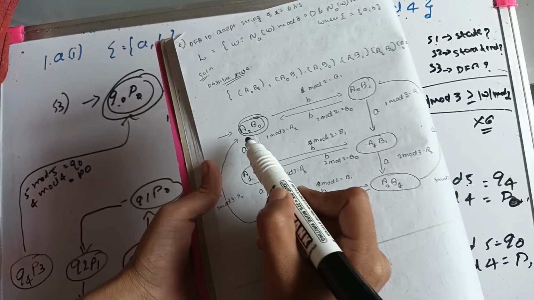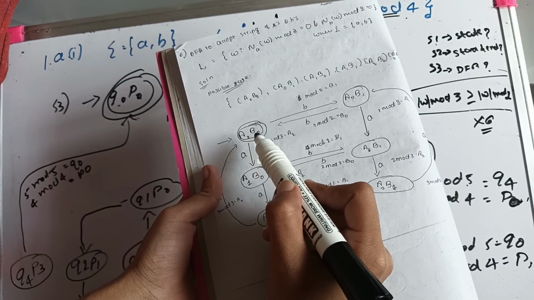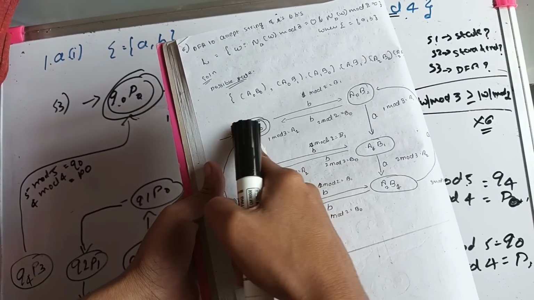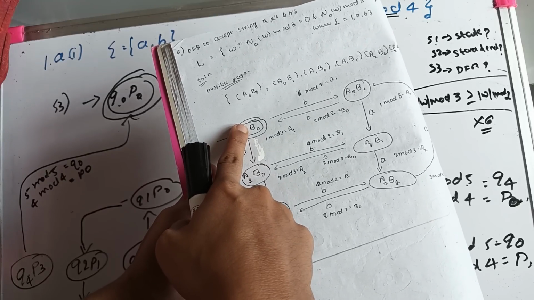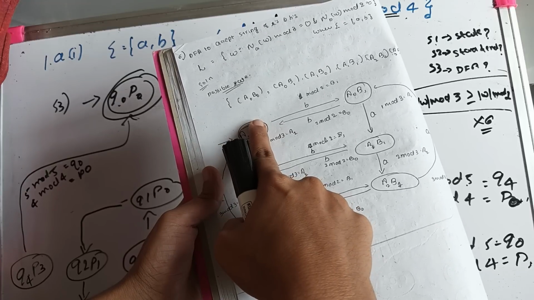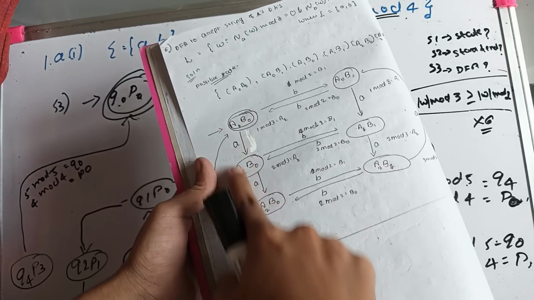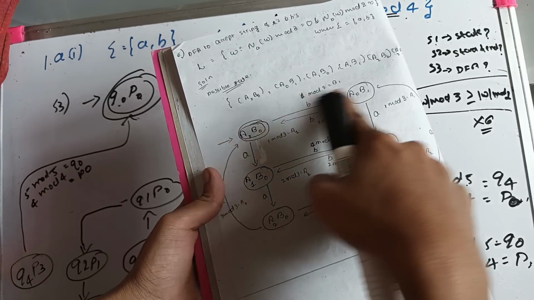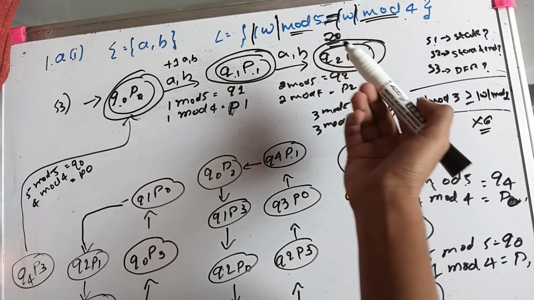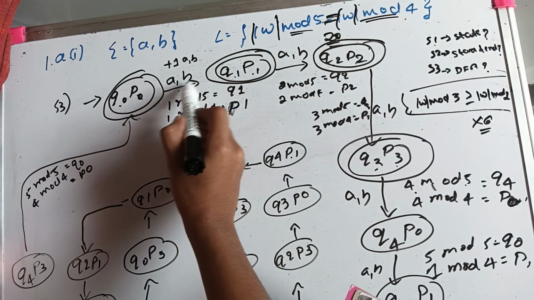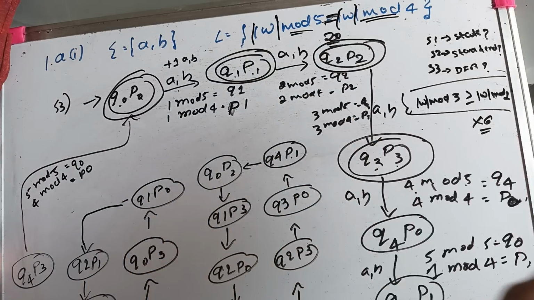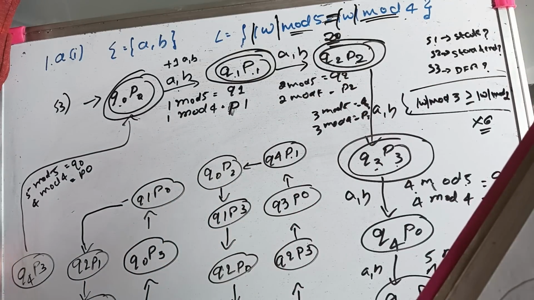If I am in the start state A0 B0, then if A comes I need to increment A only. If a B comes then I will increment this B0. So that's why there we are moving A and B in different paths. But in this type of question, we are moving A and B together.